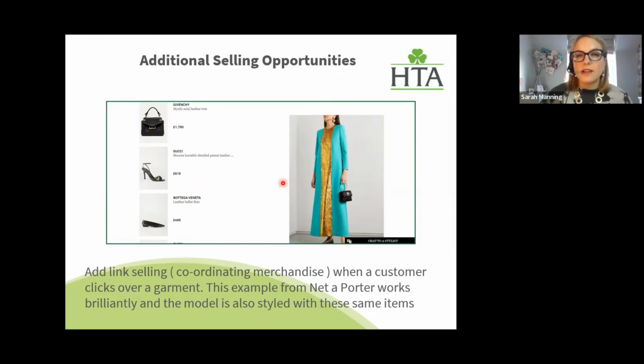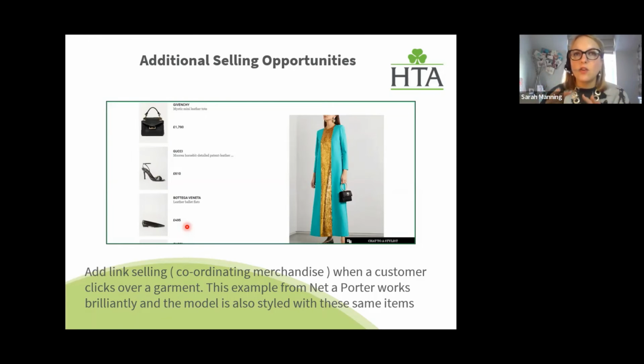So this is a great example, as we've just talked about, in regards to having the icon of the product on the page. And then alongside it, you've got the list of, say, 3 products that would coordinate with the product on the right. I've worked with brands who have used the extra product underneath.